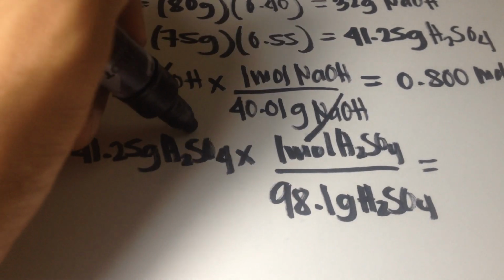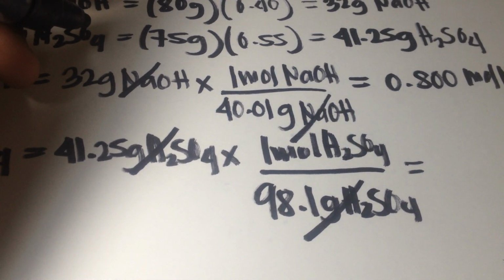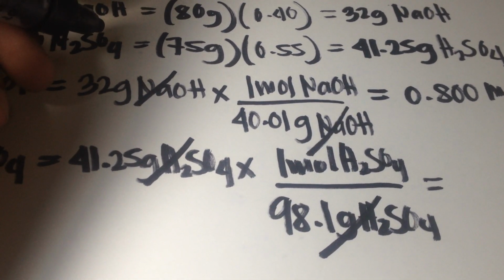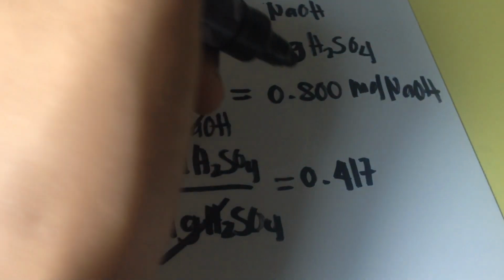So cancel out grams, and what's left is moles. So 41.25 divided by 98.1 is equal to 0.417 moles of sulfuric acid.